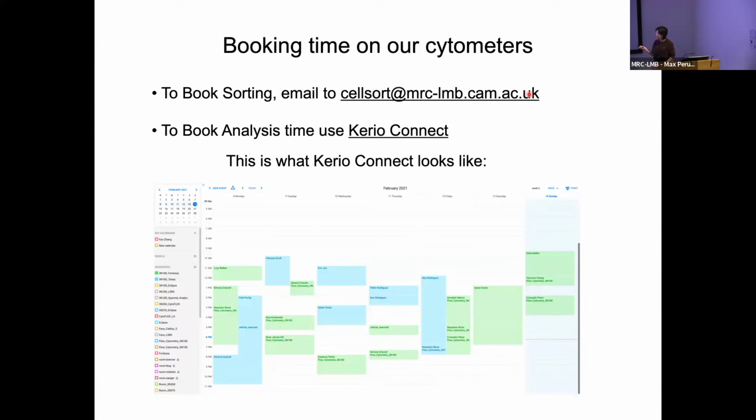After the training, you can book yourself on Calendar Connect for each instrument. Cell sorting is available during working hours because we perform the sorting. To analyze your cells, you can book the instrument anytime, 24 hours, 365 days, as long as you book yourself on this calendar.